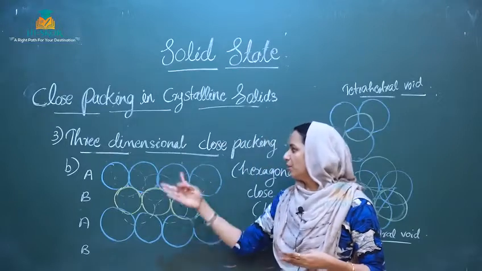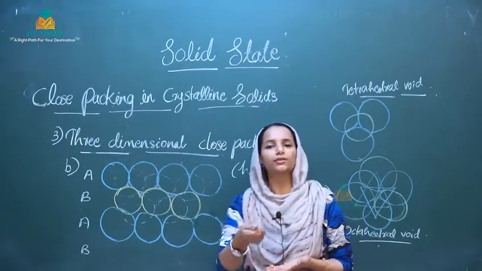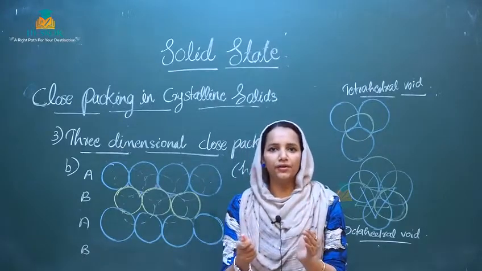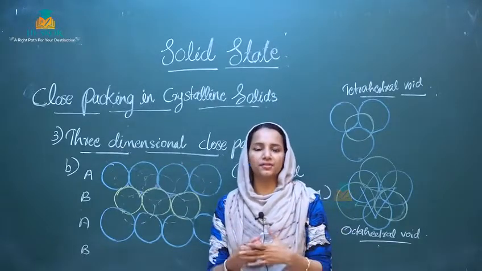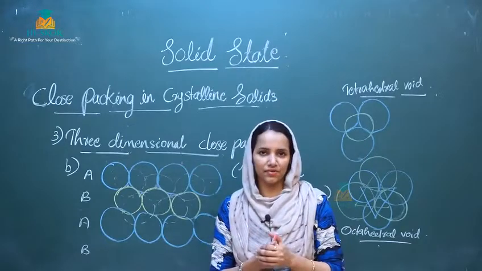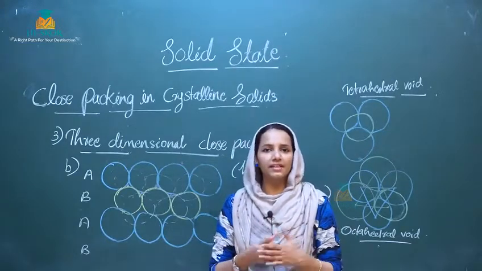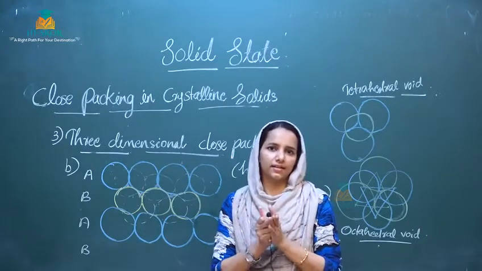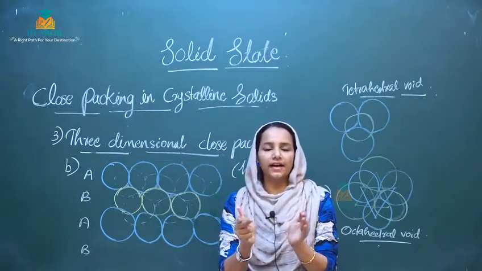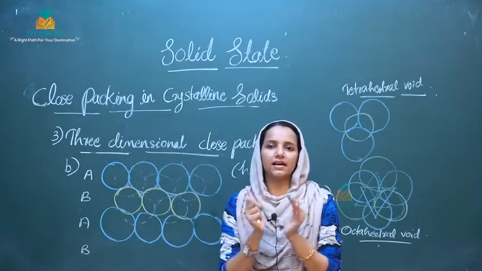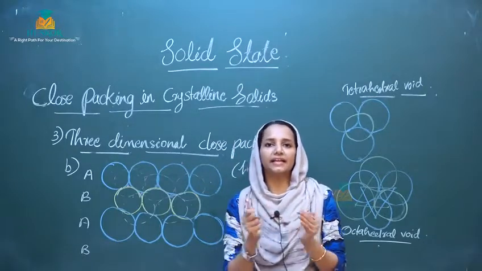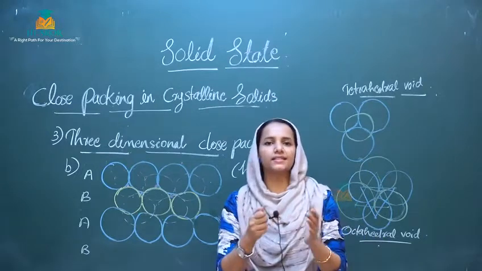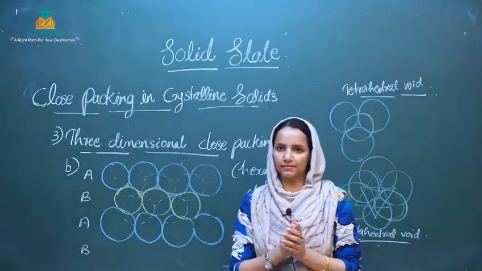So, while forming the third layer we also have 2 possibilities: either we cover the C void of the second layer, or we cover the D void of the second layer. Suppose we cover the C type void of the second layer, then you will get a third layer, and the third layer will be just a repetition of the first layer, isn't it?